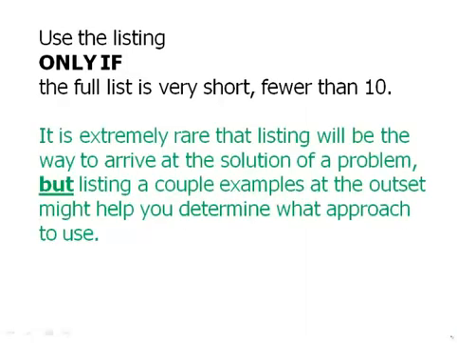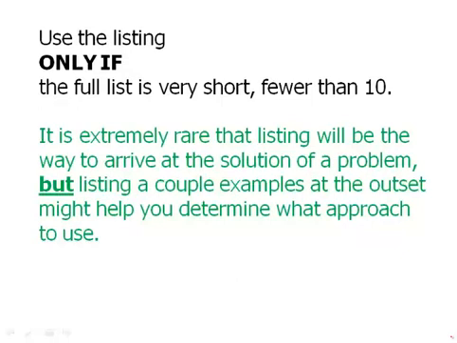It is extremely rare that listing will be the way to arrive at the solution of a problem. There's going to be almost no problem in the test that we can solve completely purely by making a list. But, this is a very important but, listing a couple examples at the outset might help you determine what approach to use.